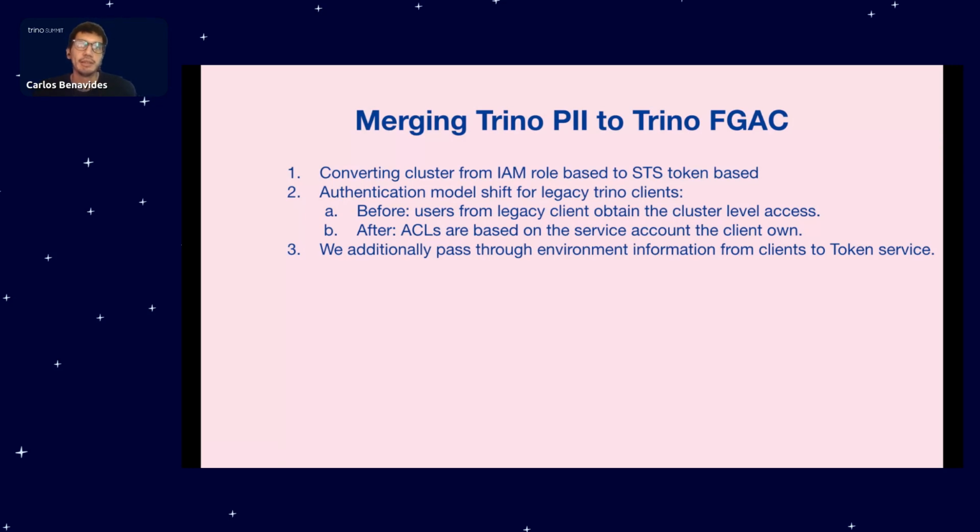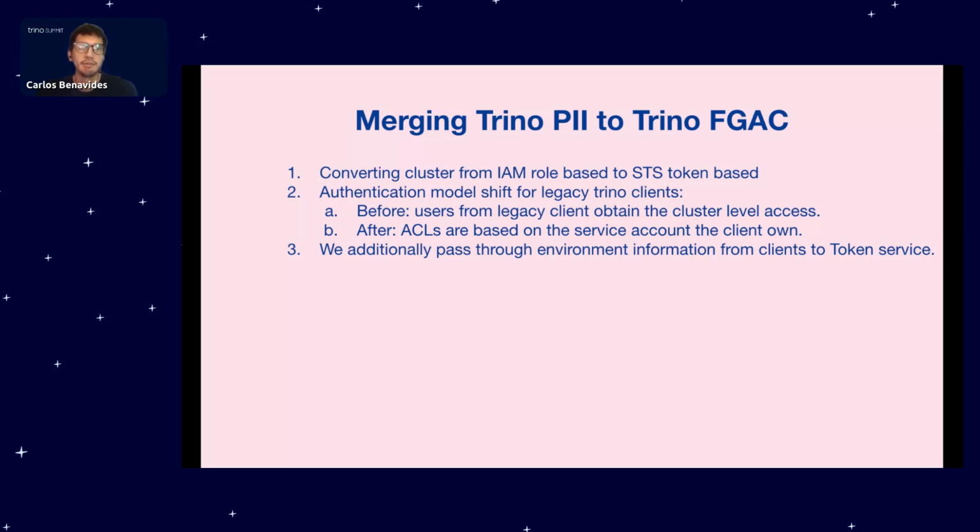In order for us to complete this merging project, we needed to convert our PII cluster use case to shift away from IAM role to STS tokens. Our Trino PII client's authentication shifted from using the cluster-level IAM access level to using service account access for their use case, as we are shifting away from using IAM to fine-grained access control, which will use service account authorization instead of using the cluster's IAM access level.